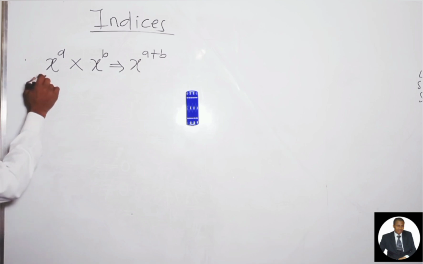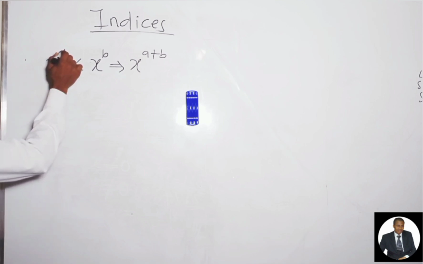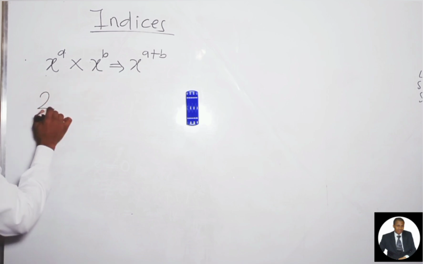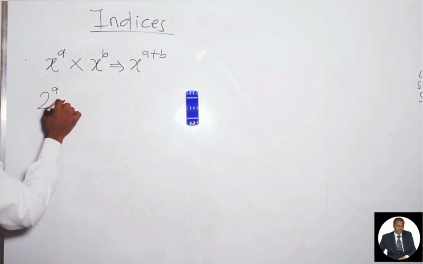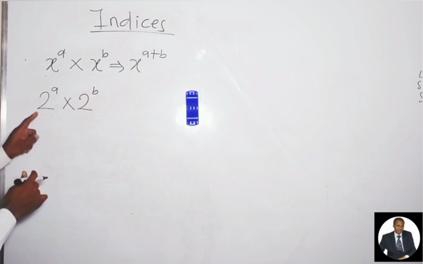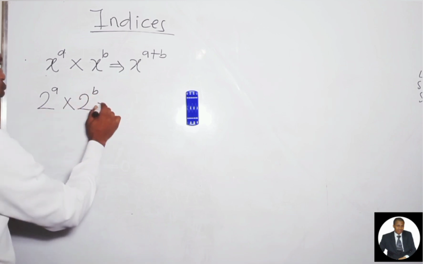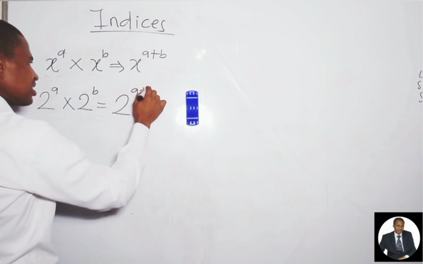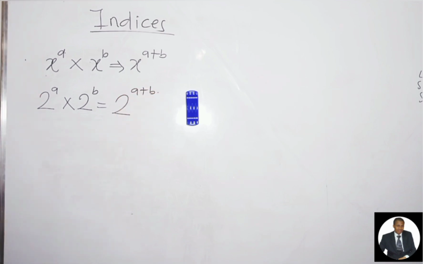This is the base, this is the exponent. If they are the same base, 2 raised to the power of a, then 2 raised to the power of b, these two here are the same base. We pick one of the base, 2, and then we add the exponents together.